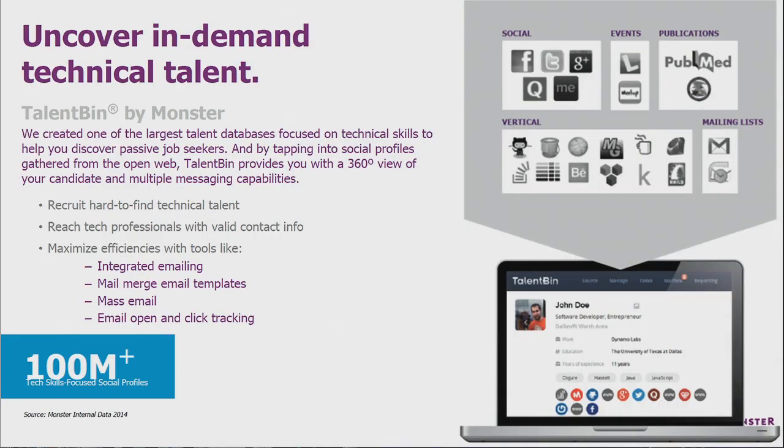So TalentBin is a big data recruitment search engine. And big data is one of those words, kind of like API, that gets thrown around a lot. So what does that mean exactly? We have about 300 million profiles, and what we do with TalentBin is we crawl the public data exhaust, and we create a 360-degree view of primarily technical candidates.